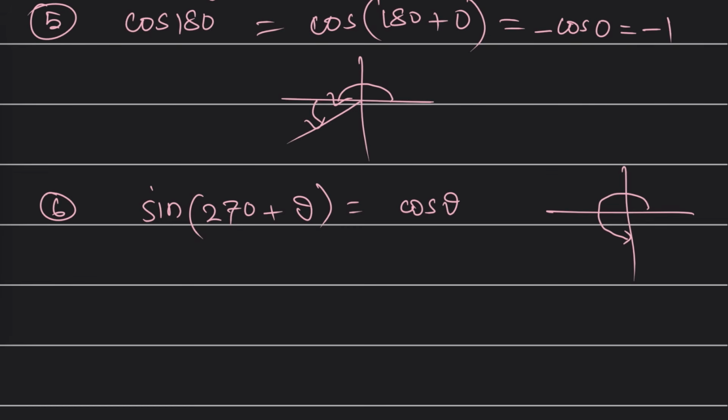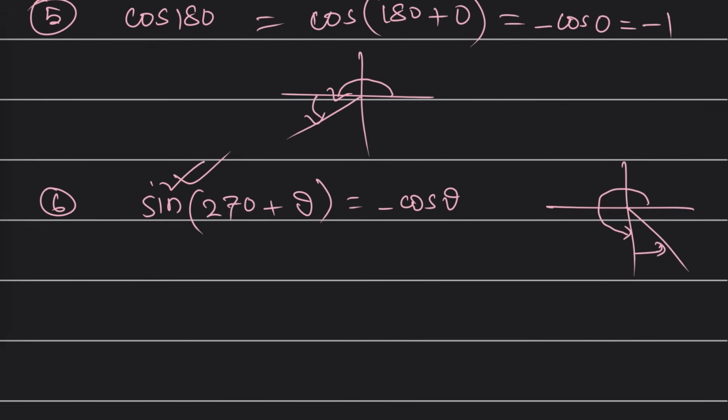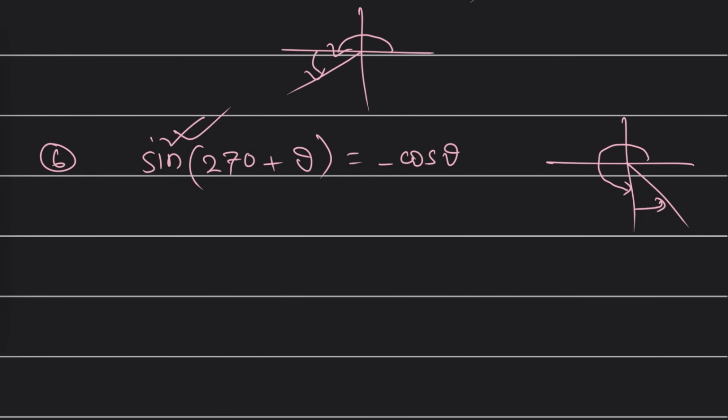So up to here 270 plus theta means fourth quadrant. In fourth quadrant, sine is negative. See, always see this function, not this. From where it is getting converted, that function is important to see, sir. Now sine here is negative, so that's why I write minus cos theta. So hope you understood this. You can calculate the values also.